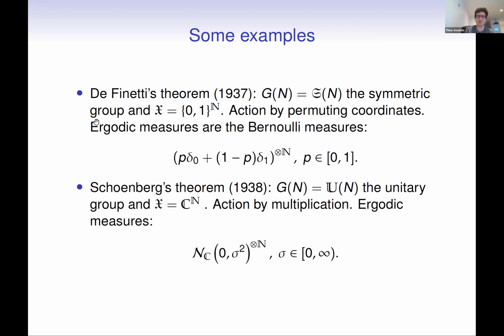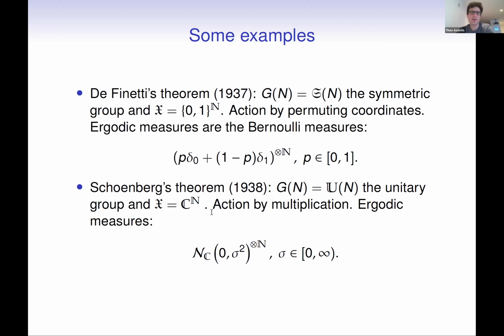De Finetti's theorem tells us that the ergodic measures are essentially the IID Bernoulli measures. So they're parameterized by a parameter which takes values between 0 and 1. So the space of ergodic measures is parameterized by this single parameter between 0 and 1.